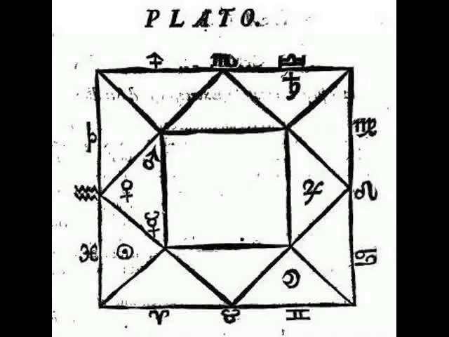In the traditional method, the 7 planets are considered in certain important pairings: Luna and Saturnus, Luna and Sol, Sol and Saturnus, Mercury and Jupiter, Venus and Mars. In Plato's case, we see that Mercury and Jupiter and Venus and Mars are all found on the angles, making these pairings stronger, whereas the pairings of Luna and Sol and Saturnus are more subdued because they are not on the angles.